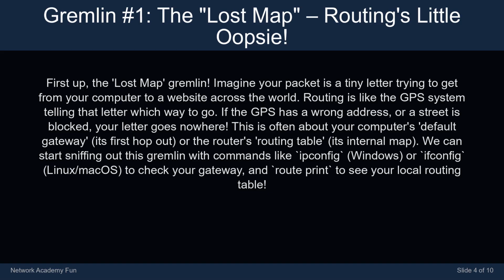This is often about your computer's default gateway, its first hop out, or the router's routing table, its internal map. We can start sniffing out this gremlin with commands like ipconfig on Windows, or ifconfig on Linux and macOS to check your gateway, and route print to see your local routing table.